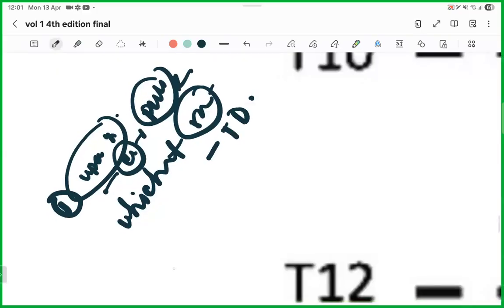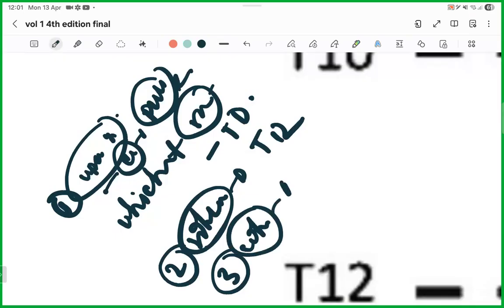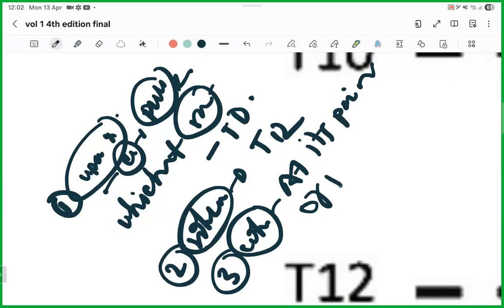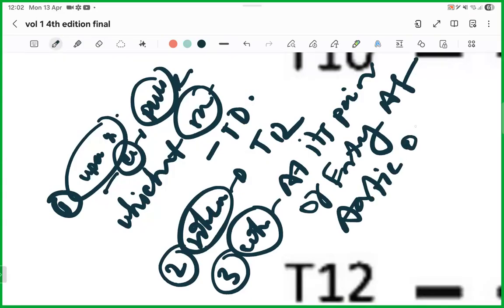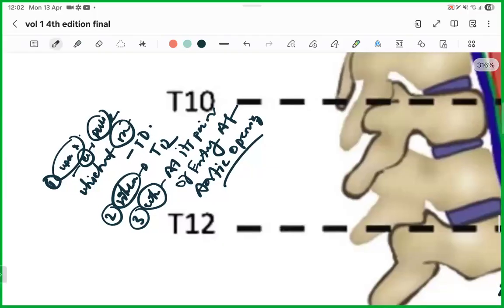Thoracic duct. Number two, where will you ligate? At T12. Number three, where will you ligate? At its point of entry, at the aortic opening. These are the only questions you will get on the thoracic duct. Other than that, nothing is important.